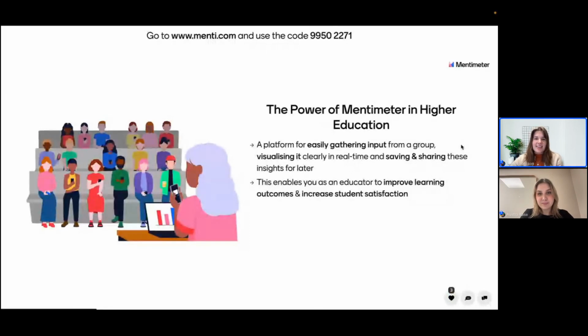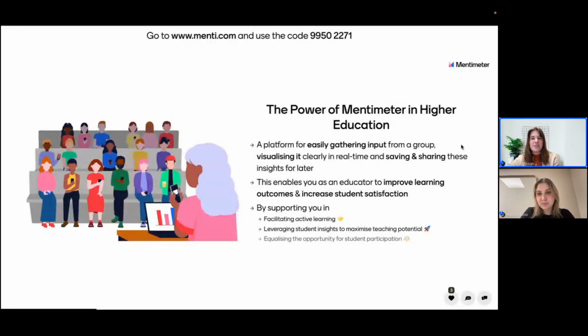As an educator, this enables you to both improve learning outcomes and increase student satisfaction. And this is done through Menti by supporting you in how to facilitate active learning. We can support you in leveraging students' insight to maximize teaching potential and to equalize the opportunity for student participation.